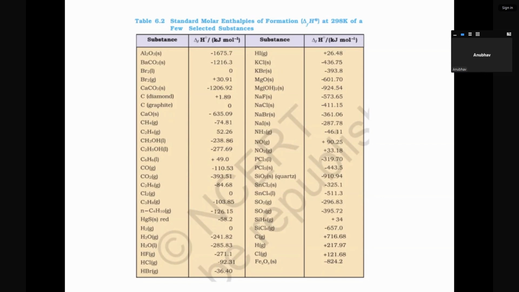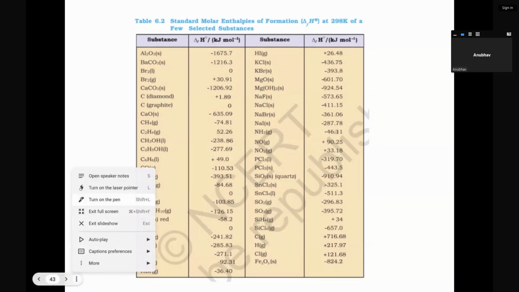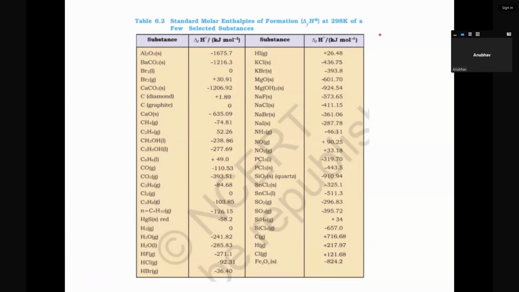So we have some substances, and we have the delta_f H°, that is the standard enthalpy of formation of these compounds. This f suffix that you are seeing over here, yes, this f is actually standing for formation.